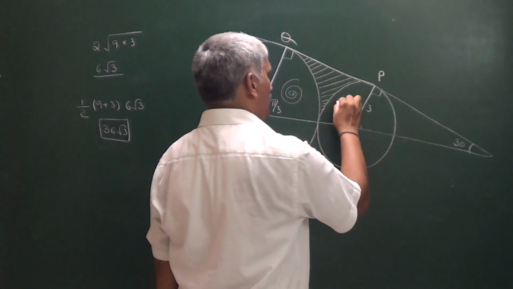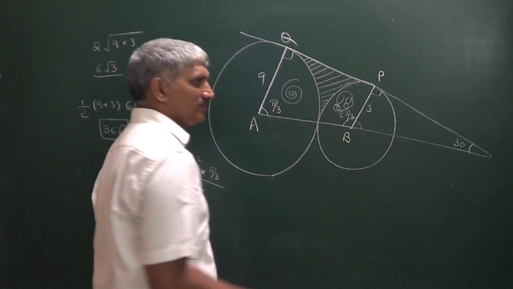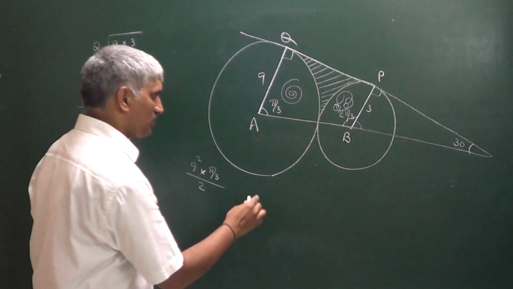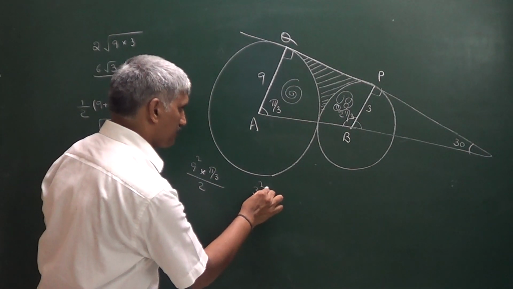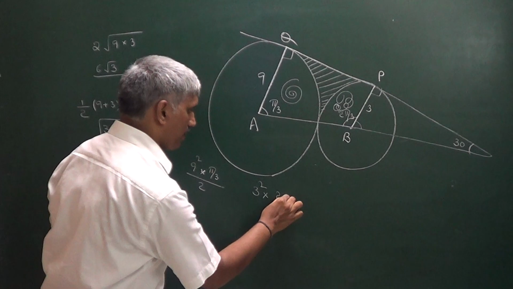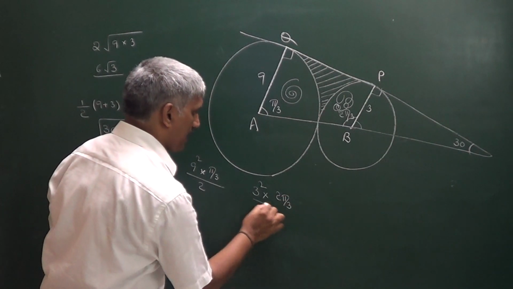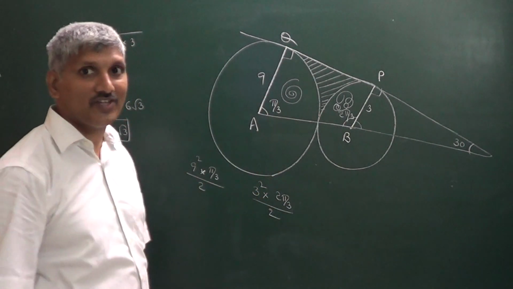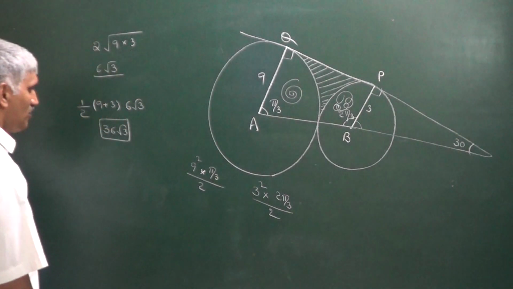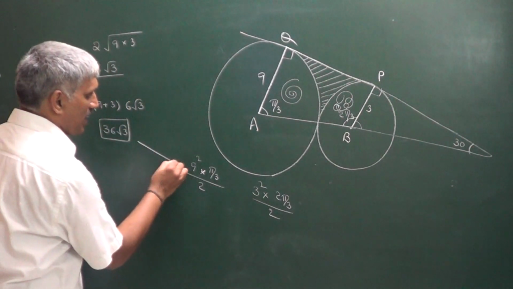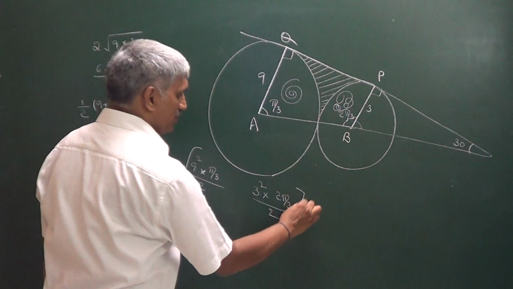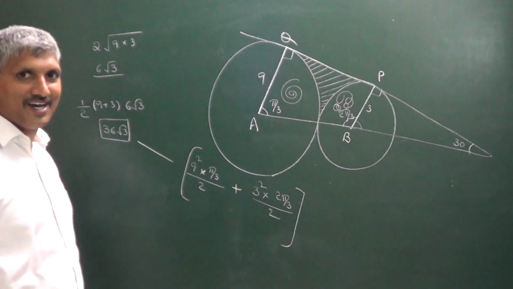Similarly, can you tell me what is the area of this sector? The sector area is equal to r square theta divided by 2. Now what to do? From the trapezium area, we have to remove these two sectors' area.